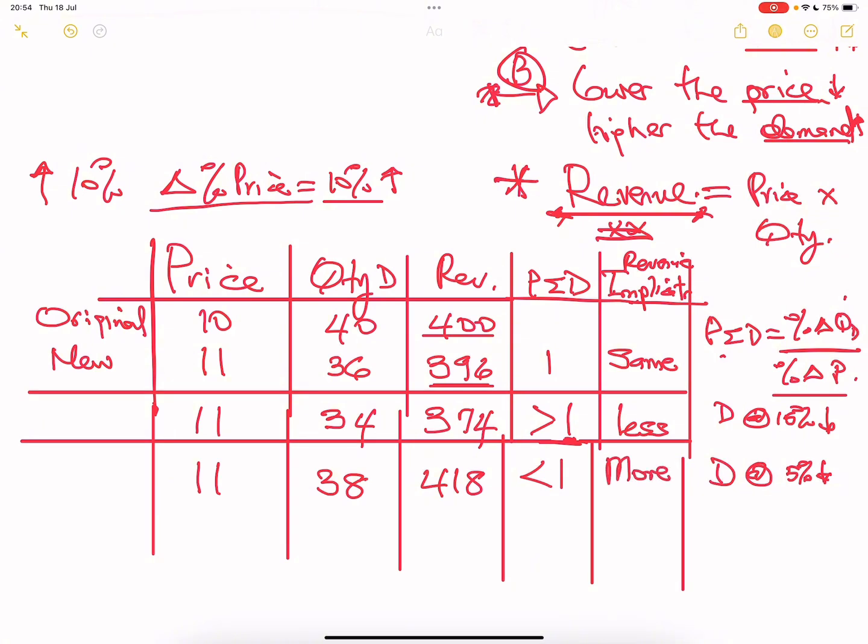So the interpretation is that if you have a product that is inelastic, enjoy the increase in price because it's inelastic. An example of this type of product is a necessity, maybe like a medication. If you increase the price of a medication, relatively your revenue will not drop because people need the medication.